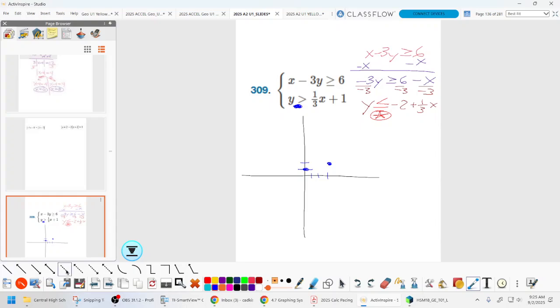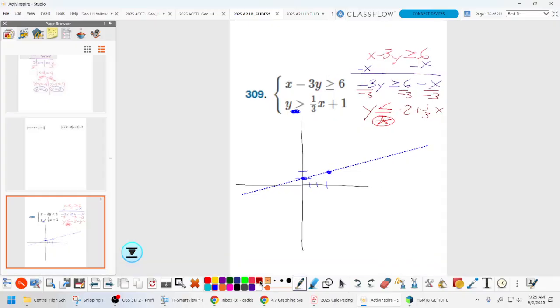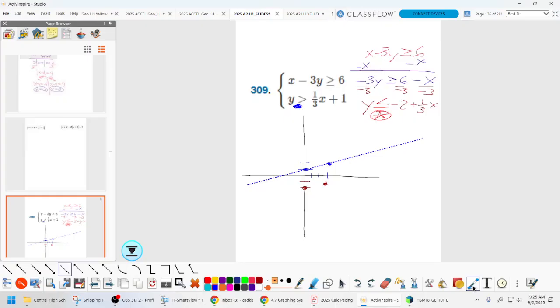It's dashed, good. And the other one? Where does it start? -2. Slope? Yeah, it's the same, right? Same slope, I mean. Is it dashed or solid?